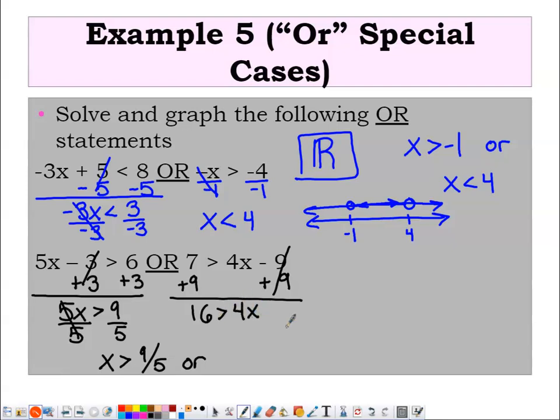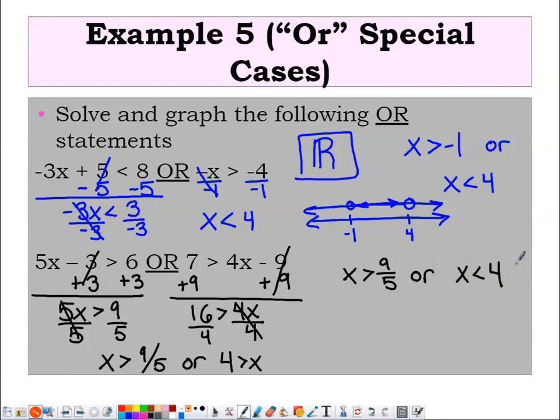Okay, and then we just go ahead and divide by 4. 16 divided by 4 is 4, is greater than x. And I'm going to rewrite that so it looks a little bit nicer. This first inequality looks fine, so we have x is greater than 9/5. Or x is less than 4.